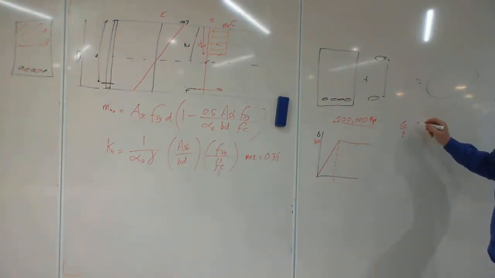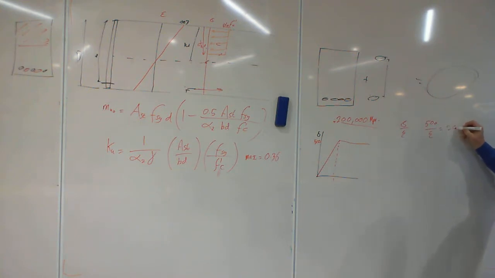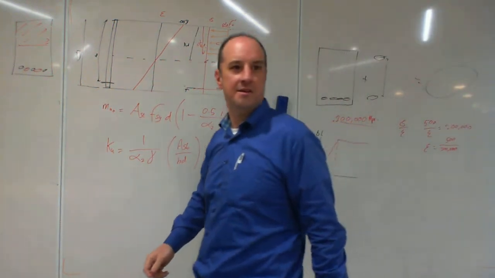Okay? So the stress is 500. 500 over our strain equals 200,000. So our strain equals 500 divided by 200,000. What's that number? Anyone with a calculator?